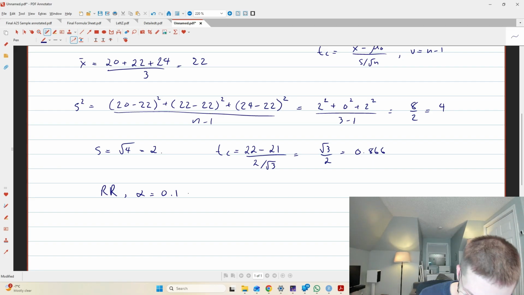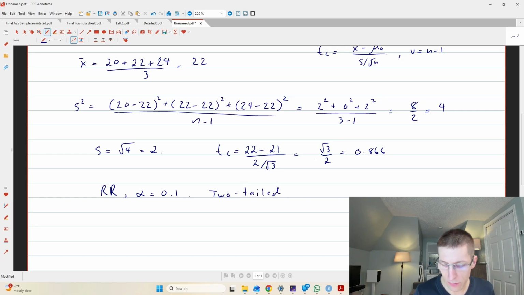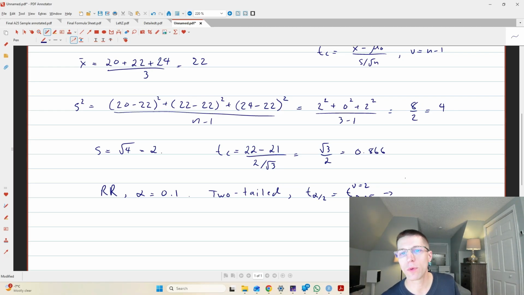It's a two-tailed test, so we have to consider t alpha over 2, which is t 0.05 with 2 degrees of freedom. From the t table, that will give you 2.92.